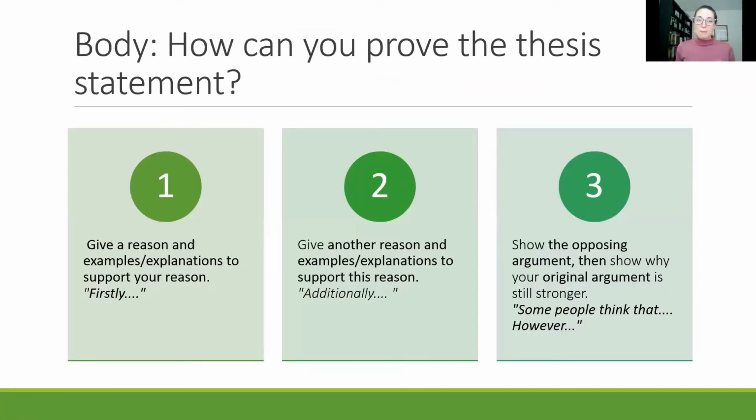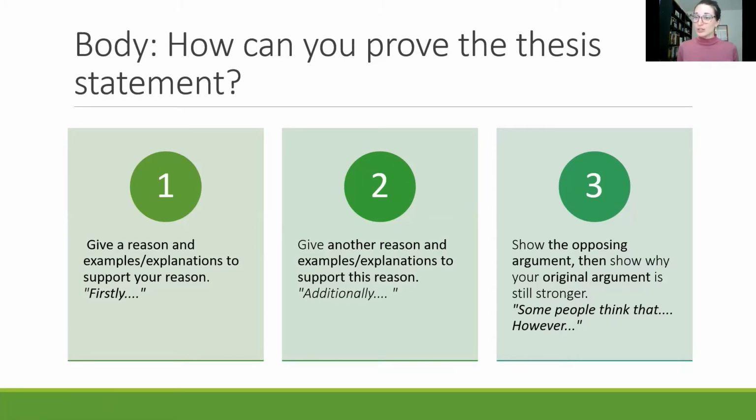Now, the body is for proving the thesis statement. So you're going to take a couple of paragraphs to give reasons and examples and explanations to support the thesis statement and the argument that you're making. I give a few references here that you could use, things like "firstly" or "additionally," as transition words to get started on those ideas.